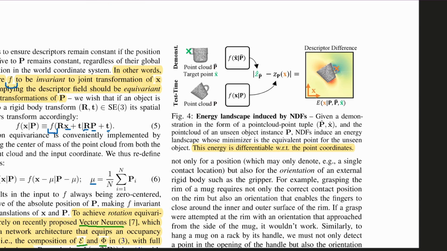So imagine we have this point X here in green, and we have the shape here, and we can pass those in and get as the output the descriptor of their mutual relationship. Let's put it that way. On the other hand, we have a novel point cloud P here.